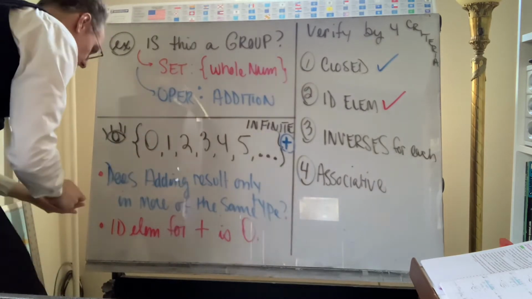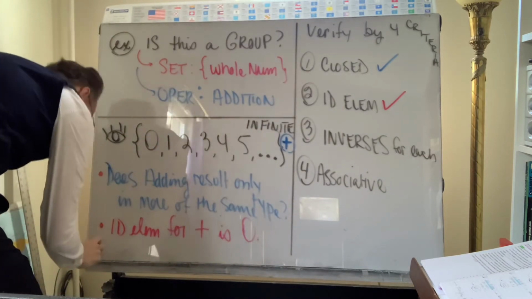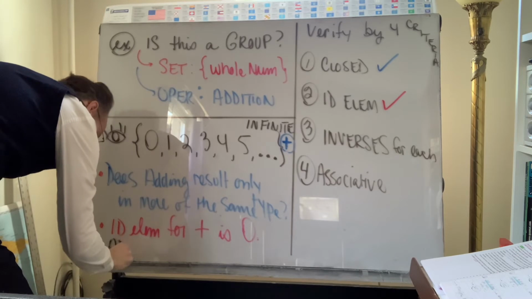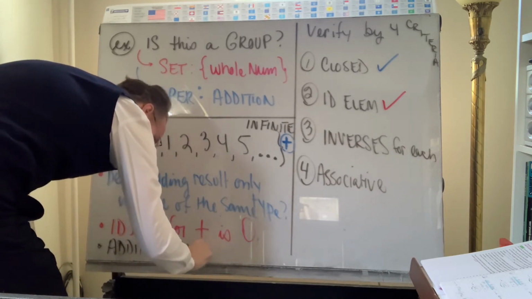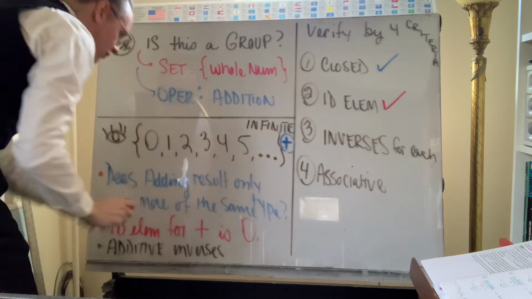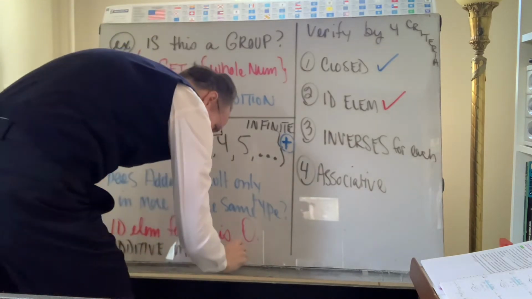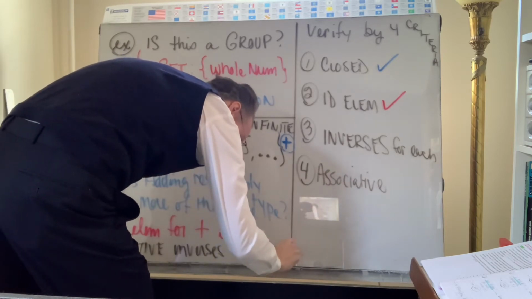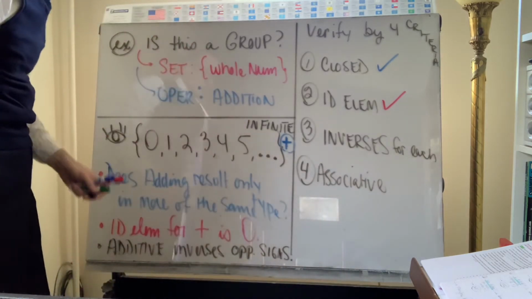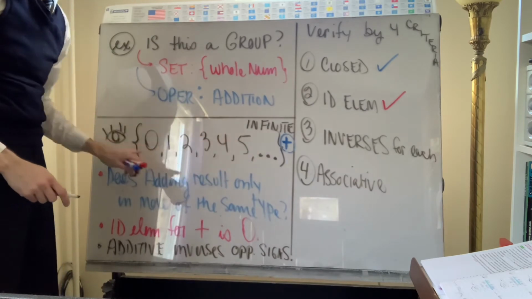Remember, additive inverses are the same magnitude as these, but with opposite signs, essentially. Do you see any negatives involved in this at all?